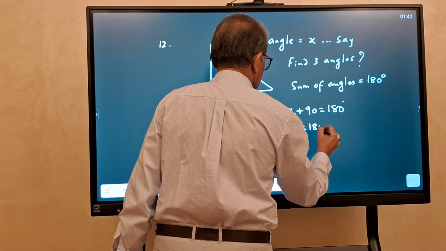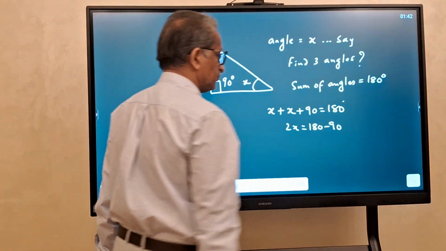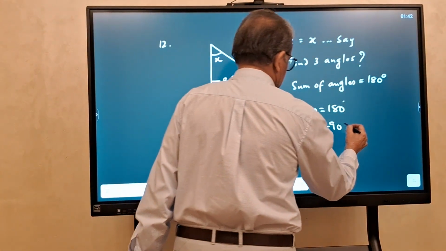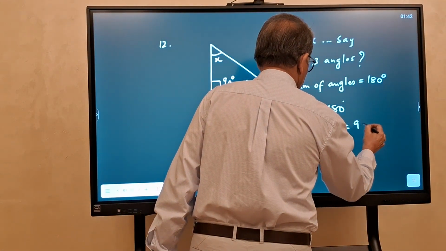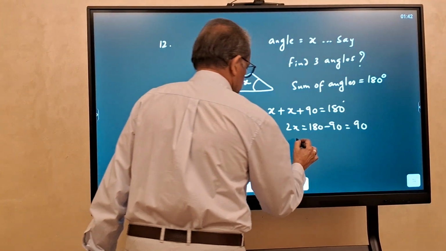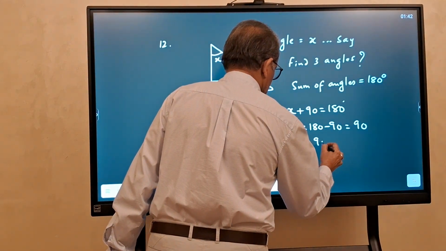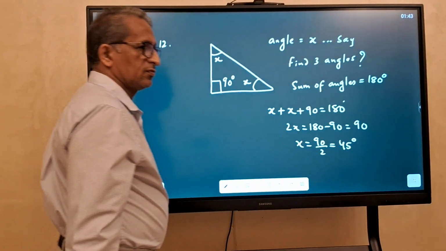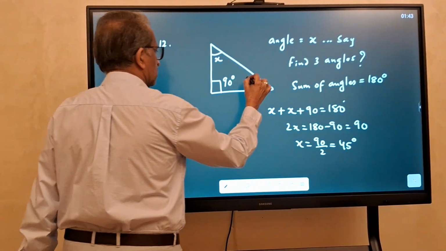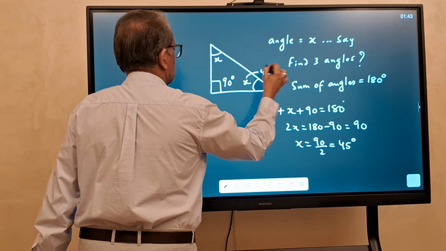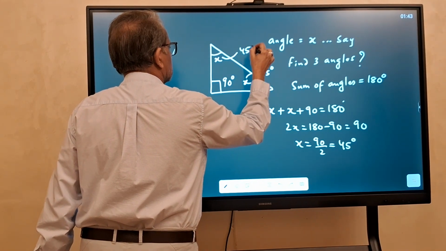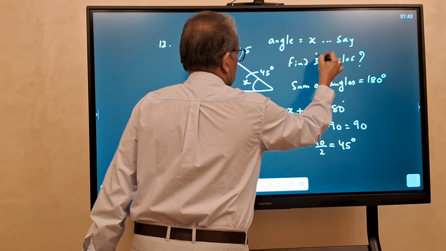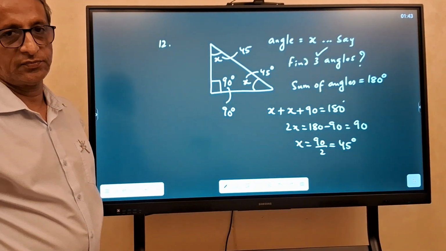So 180 minus 90, and then I subtract. This becomes 90. So x is equal to 90 by 2, that is 45. So what are the angles? This is 45 and this is 45 and this is 90. So the three angles are found here.